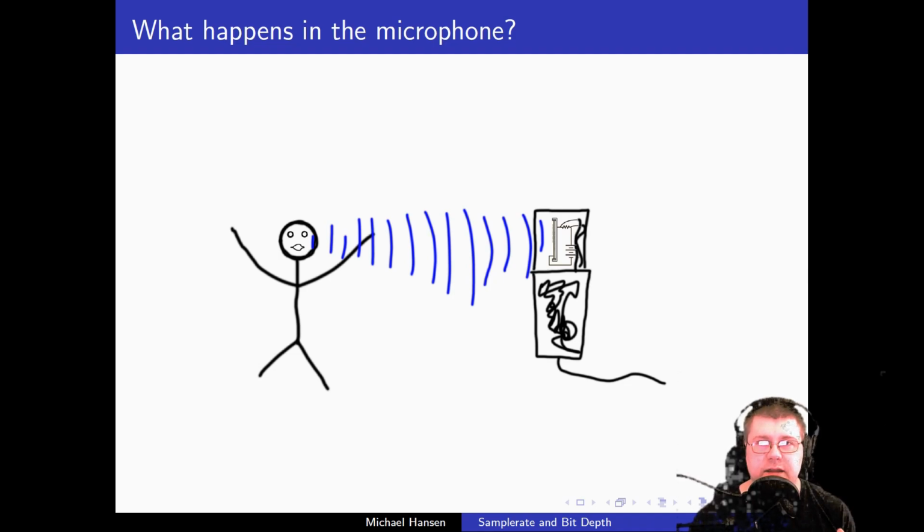And when that membrane is electrically charged, my voice, the vibrations that I make in the air, will hit the membrane and make it vibrate. And that vibration will generate an electrical signal inside the microphone that is translated through the wire down to the audio interface. So that's basically what happens inside a microphone.